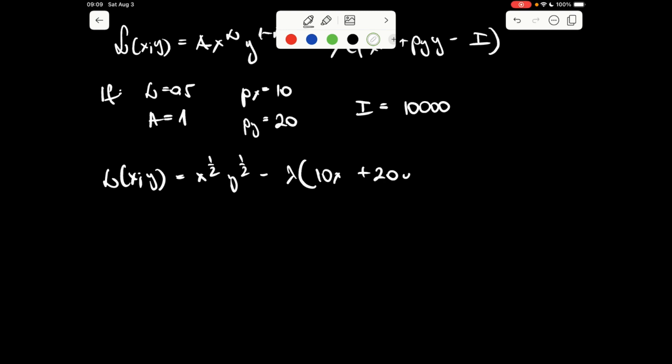So this is the function we maximize with the constraint.